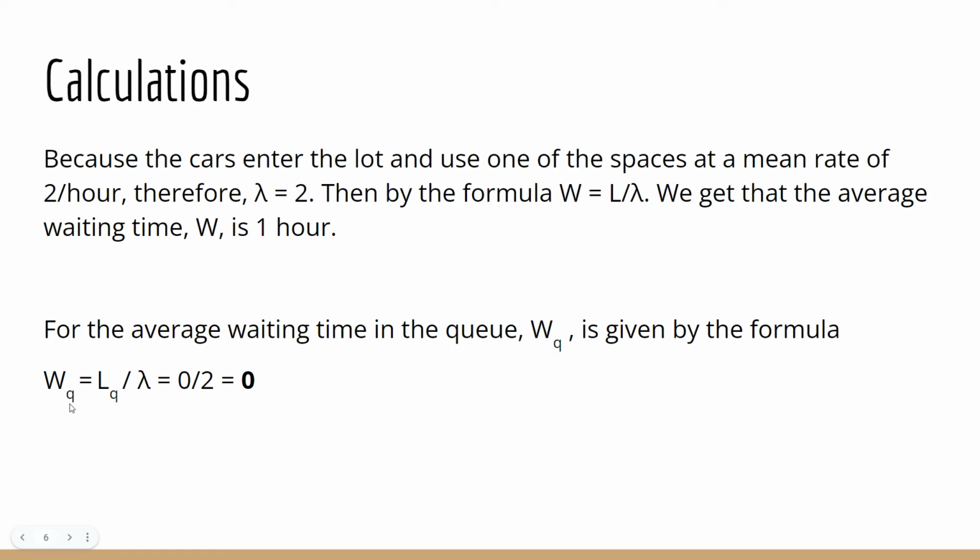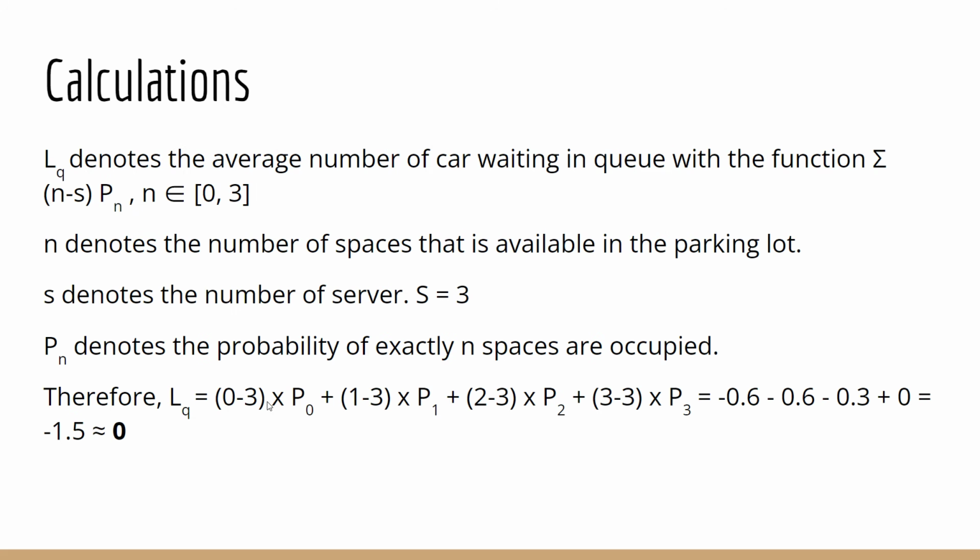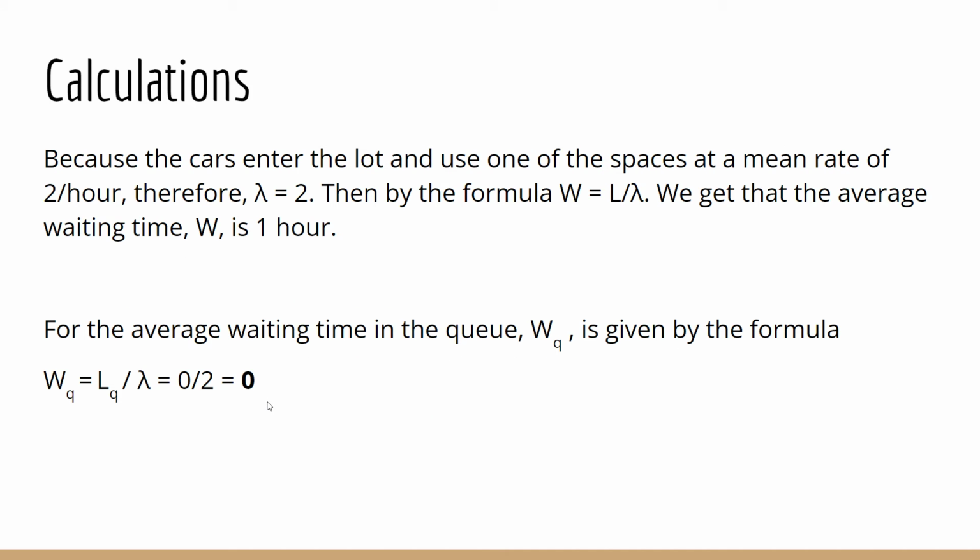And for WQ, which is asking for the average waiting time in the queue, it is given by the formula LQ divided by lambda. And LQ is 0 here, so 0 divided by 2 is 0 hours, 0 minutes.